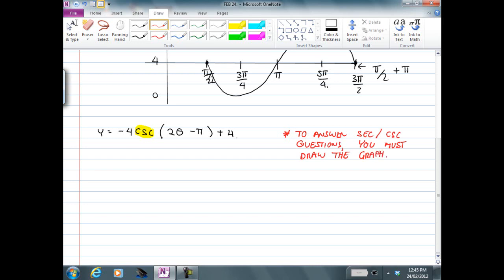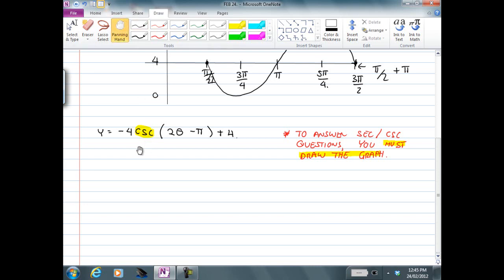A lot of students try to answer this without drawing the graph. Guys, gals, to answer it, you have to draw the graph. You must draw the graph. No exceptions to this rule. So the key is, how do you draw a cosecant?